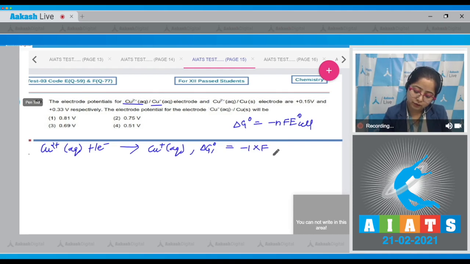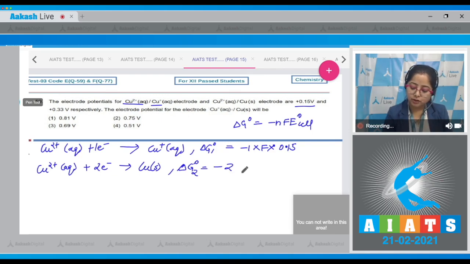Let's take F as F only, and the value of E naught cell here is 0.15. Now students, I'm taking the next reaction. Cu2+ aqueous will gain 2 electrons to convert into Cu solid, and I'm marking the delta G naught for this reaction as delta G naught 2. The value of n is 2. I'm taking F as F only, and the value of E naught cell is 0.33.